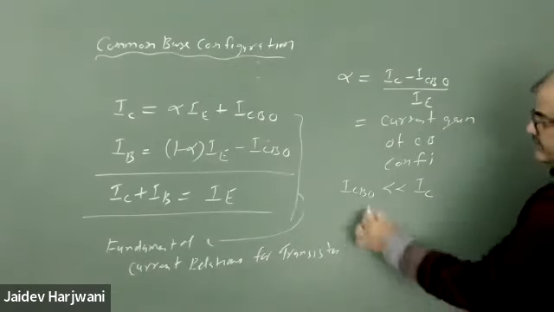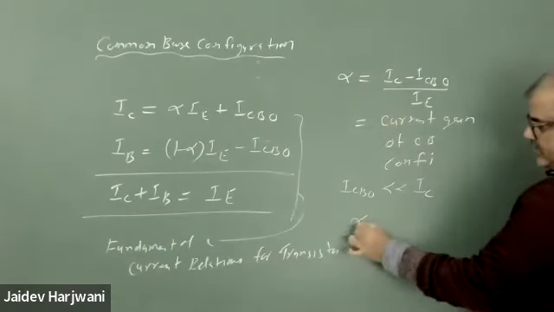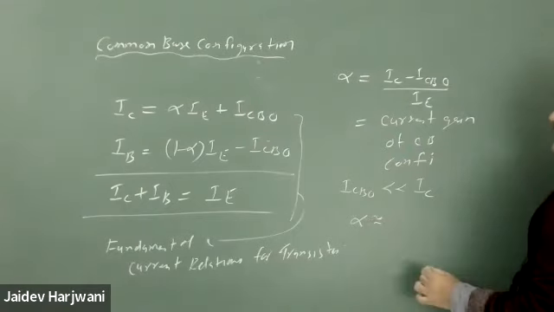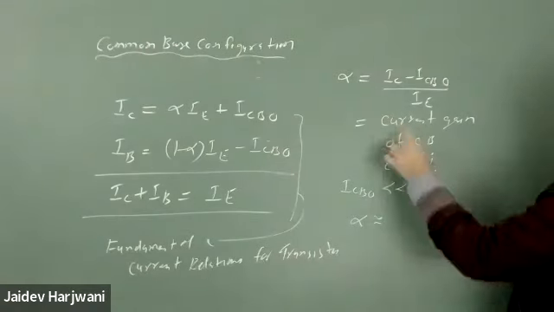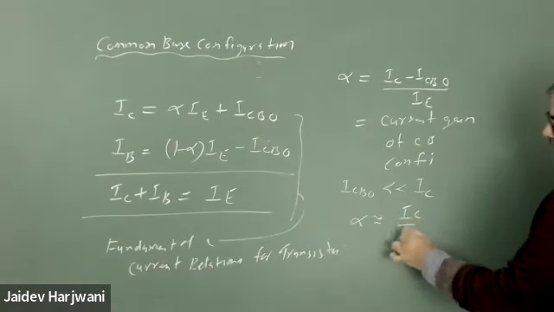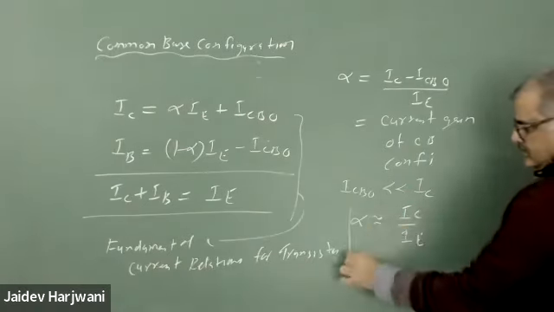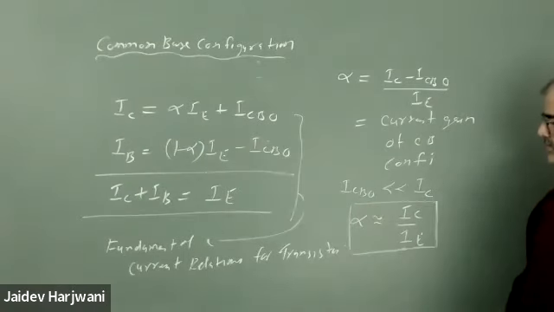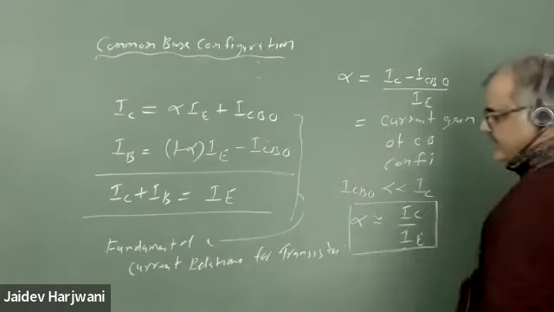So approximately, this is the exact relation of alpha, and you can also write alpha, which is the DC current gain of the common base configuration, as IC upon IE. This is the approximate relation, and that is the exact relation.